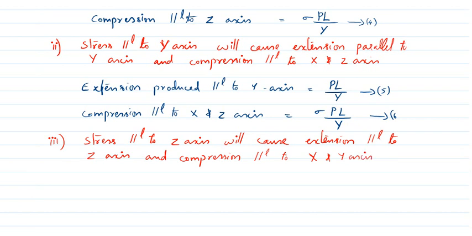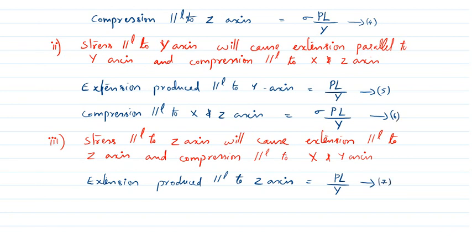The extension produced parallel to z-axis will be PL divided by Y, that is equation number 7, and the compression parallel to x and y axis equals sigma PL divided by Y, that is equation number 8.